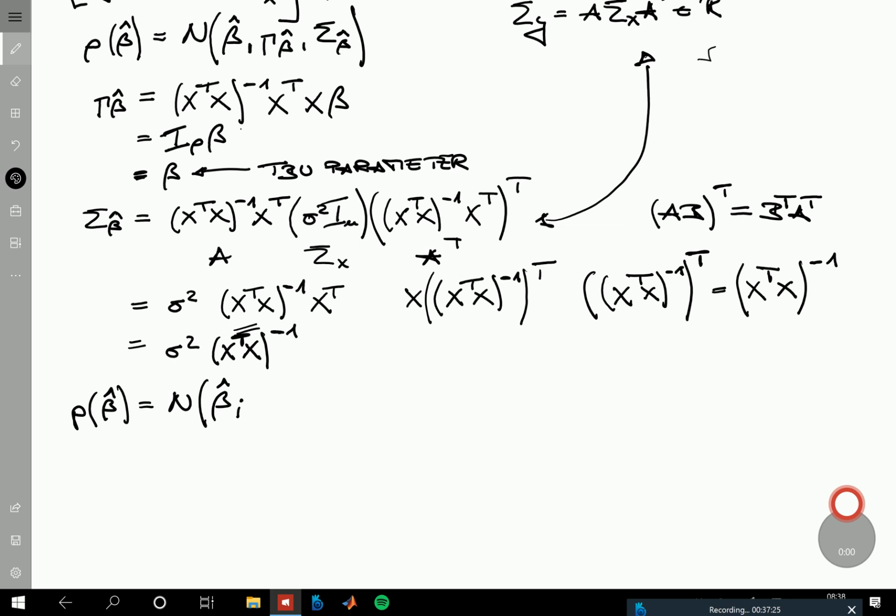So now we have found that our probability density for our beta parameter estimate is the normal distribution, with expectation parameter being the true but unknown value, and covariance matrix parameter depending on two things, and that's actually important. The covariance of the beta estimate depends on the error variance. If you have higher variance for the error, then you have higher variance for the beta parameter estimate. And it depends on the design.